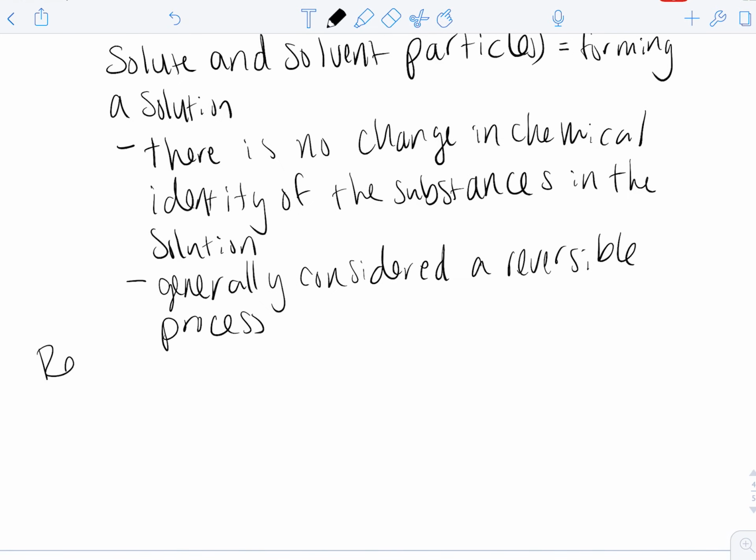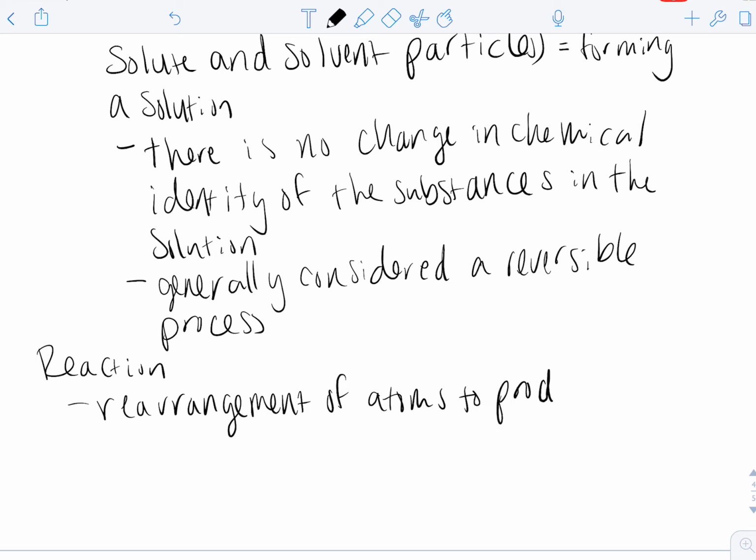A reaction is a process involving the rearrangement of atoms to produce a new substance or substances.